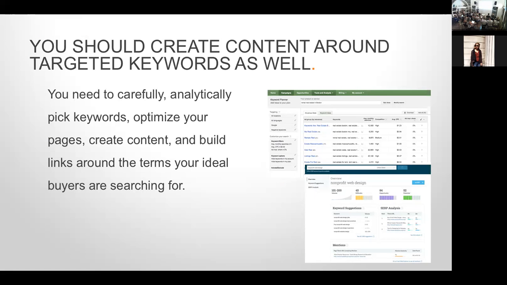Keyword Planner from Google AdWords, and this one is Sprout Social.